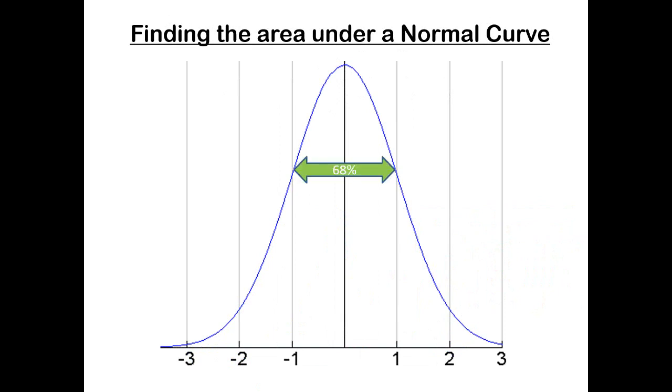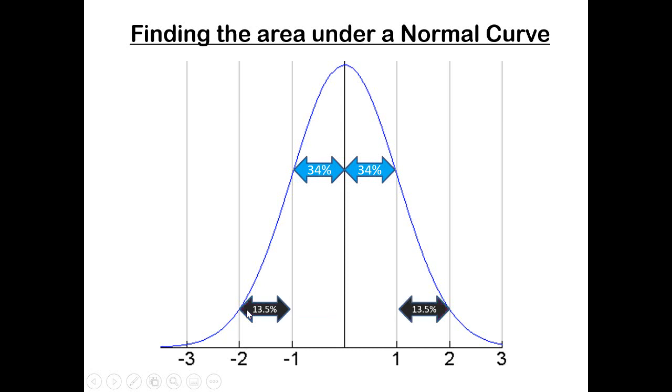Well, let's break it down even further. If 68% falls between -1 and 1 standard deviation, then how about from the mean to 1 standard deviation? Well, that's going to be 34%. And if 95% fall within 2 standard deviations, what percent will fall between 1 standard deviation and 2 standard deviations? How about just this region right here, or just this region right here?